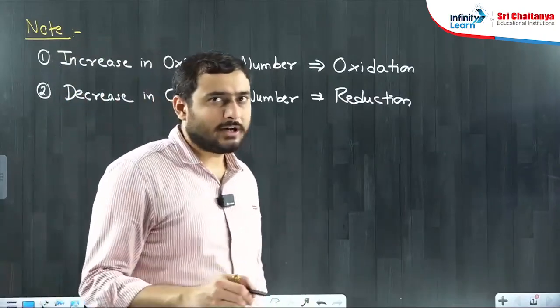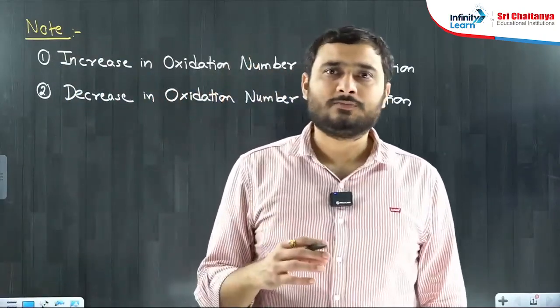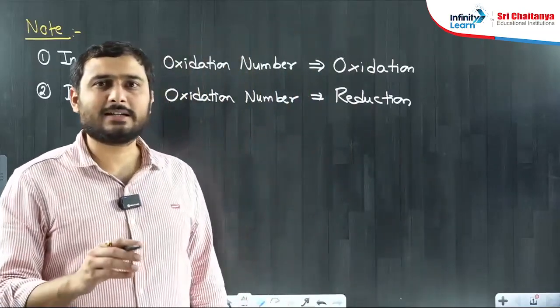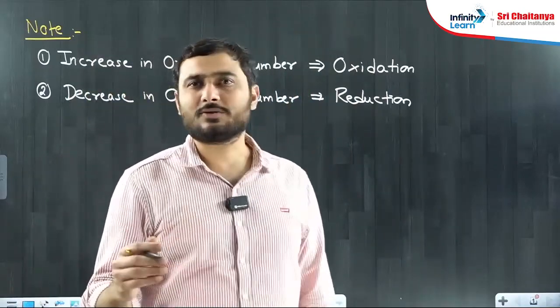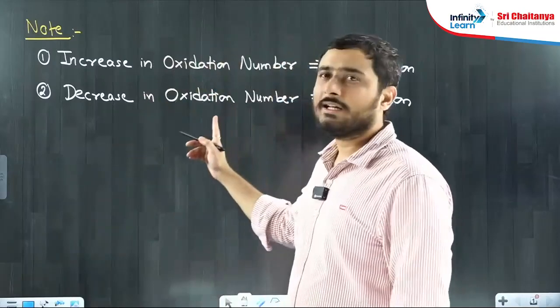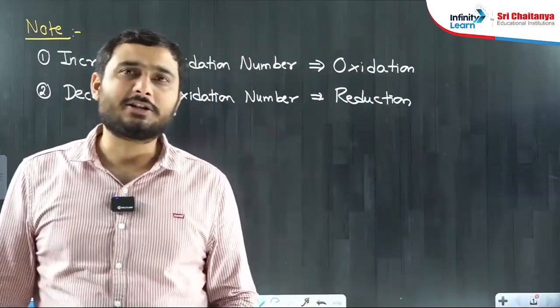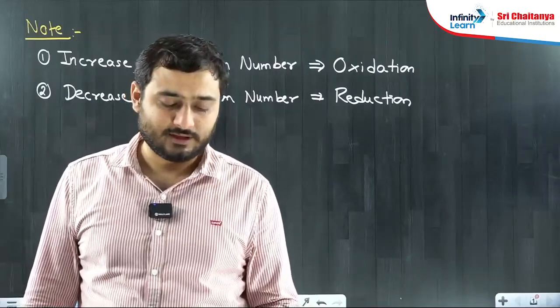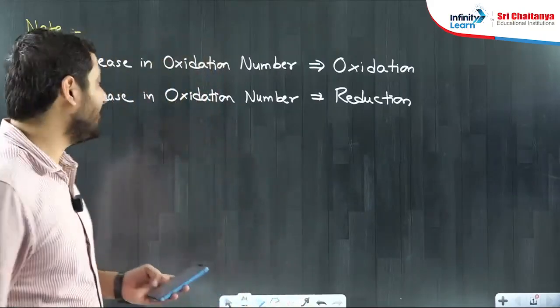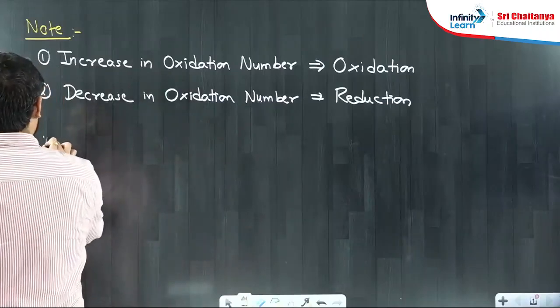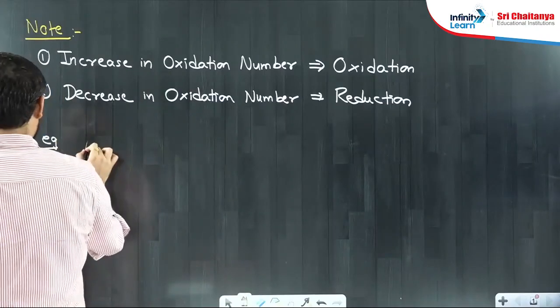So now I am going to write some examples. You have to tell which of the following species is getting oxidized and which is getting reduced by using this method. Increase in oxidation number is called oxidation and decrease in oxidation number is called reduction. So let us write the first example.